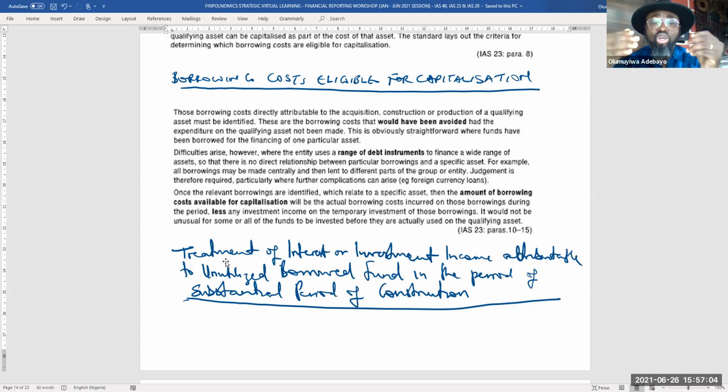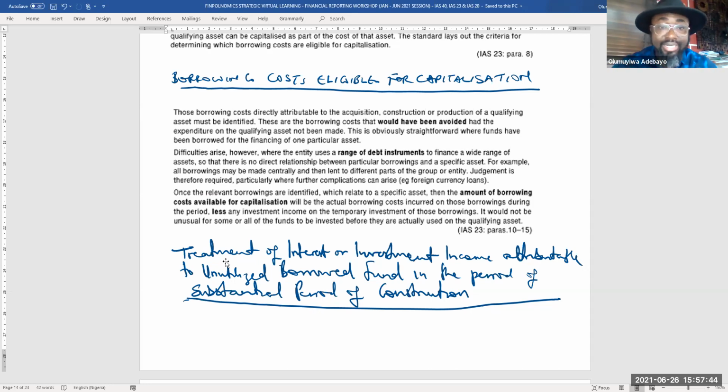And the standard says we are going to treat it as a reduction of your actual borrowing cost. What it means is that if your borrowing cost is 1 million, before you capitalize it, and the interest income that you realize is 400,000, you now net the 400,000 against the 1 million to arrive at 600,000, which will now be capitalized. The borrowing cost you capitalize will be net of the associated interest or investment income on the unutilized fund. And that is what it means.